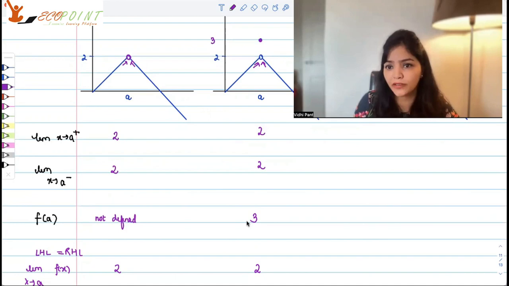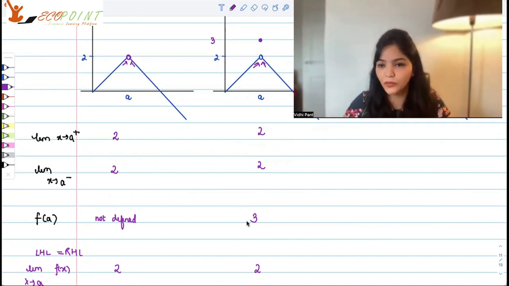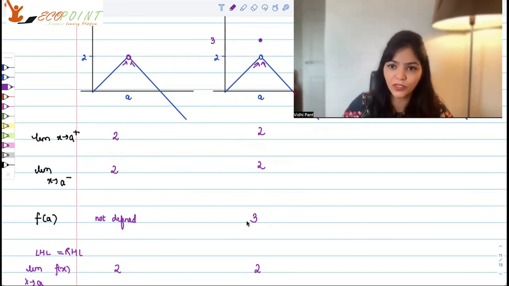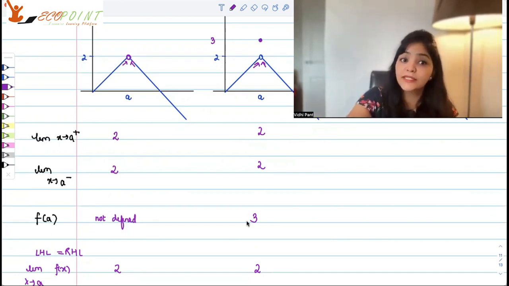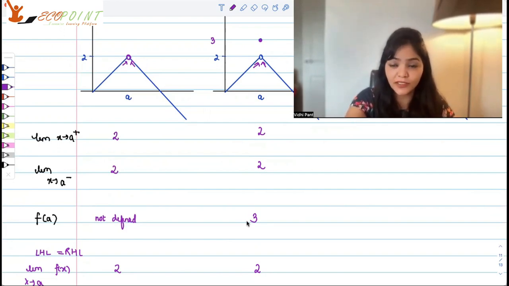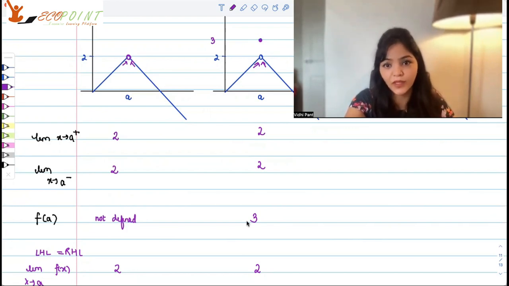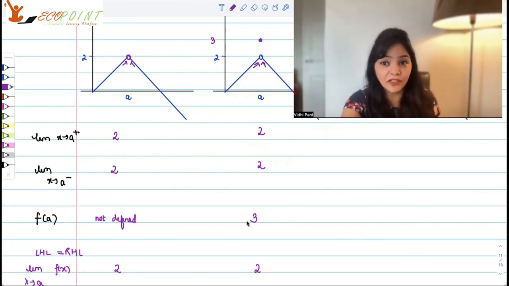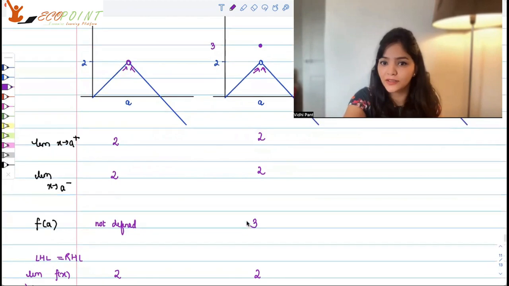That's another thing altogether. I'm not going to get into that topic right now in this video. We're just concentrating on the relationship between one-sided and two-sided limit. But since your left-hand limit and right-hand limit are equal, the limit of the function at this particular point will be taken as 2, even when the value of the function is different, okay?